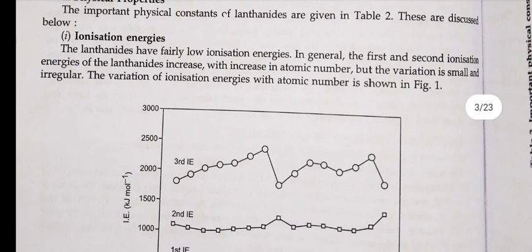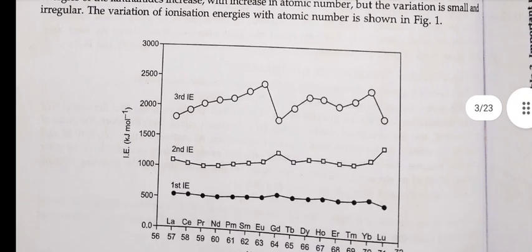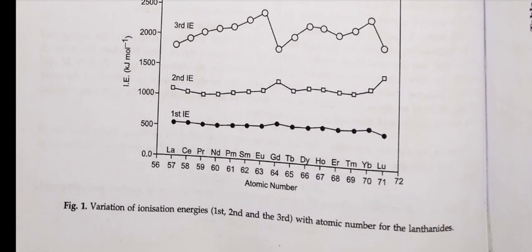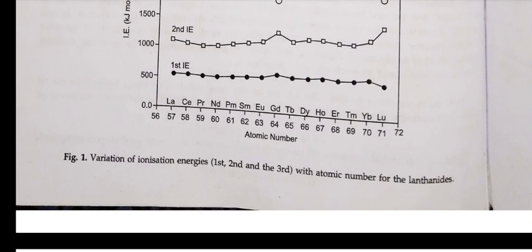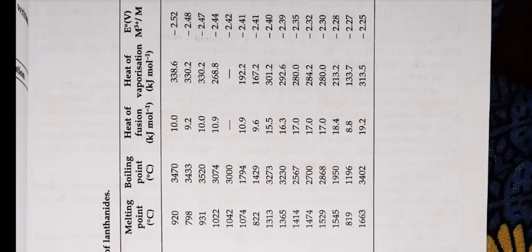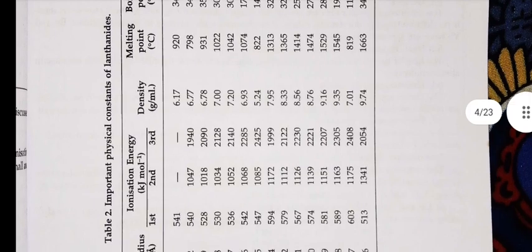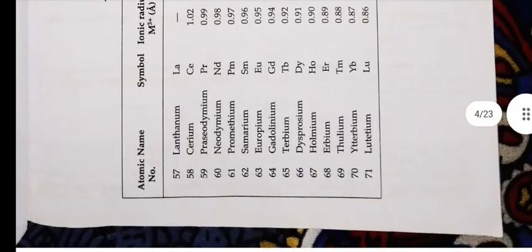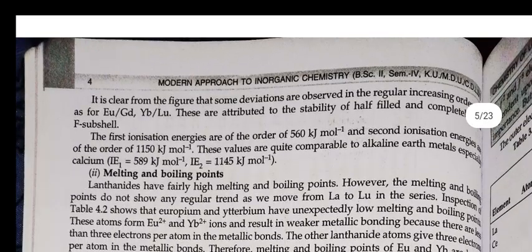Here, the ionization energy is in kilojoule per mole, and along the x-axis the atomic number is from 56 to 72, and the atoms are lanthanum to lutetium. The first ionization energy series, and the second ionization and further third ionization energy.